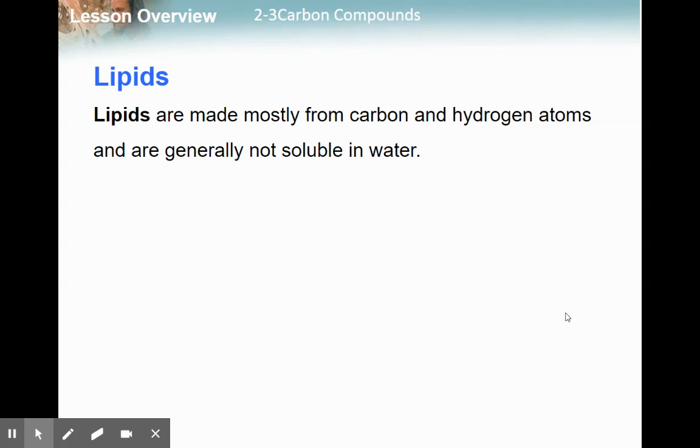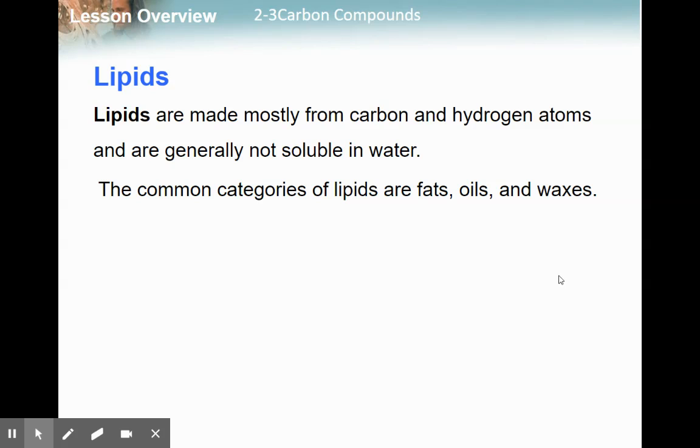Okay, the second of the four major macromolecules are lipids. Lipids are made mostly from carbon and hydrogen atoms and usually cannot be broken down in water. And it's because lipids are fatty substances. So the common categories of these lipids are fats, oils, and waxes.